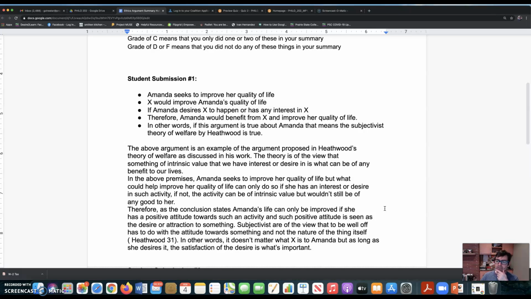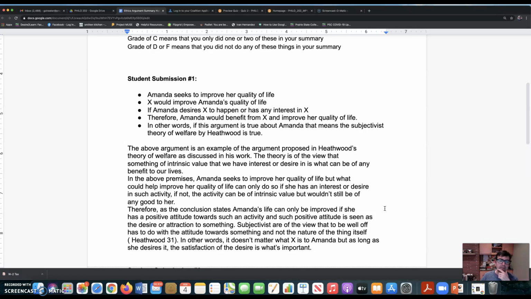You know, Heathwood is trying to defend subjectivism about welfare. And so everything that he's doing in his essay is aimed at that goal, defending a subjectivist account of welfare. And so while this is not a perfectly constructed skeleton argument, it gets us to the main point of Heathwood's article. And then we have the student's three short paragraphs.